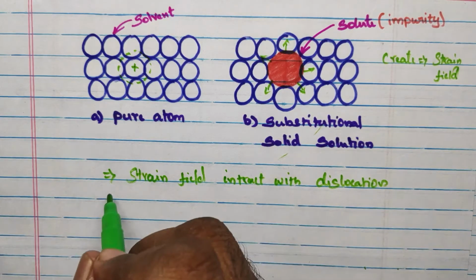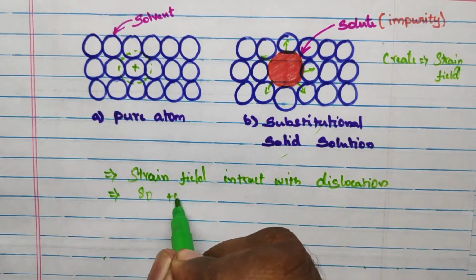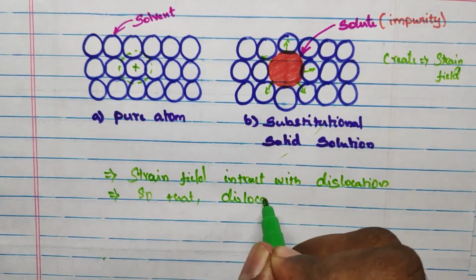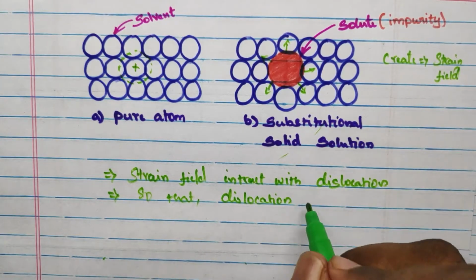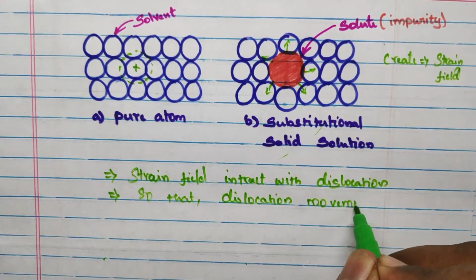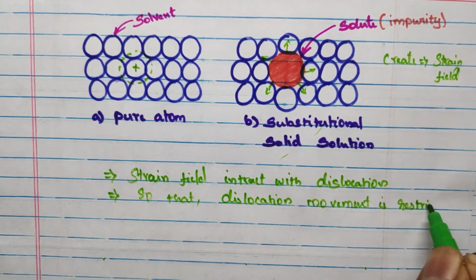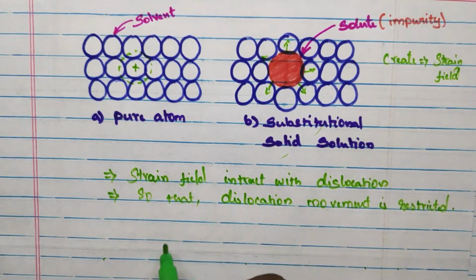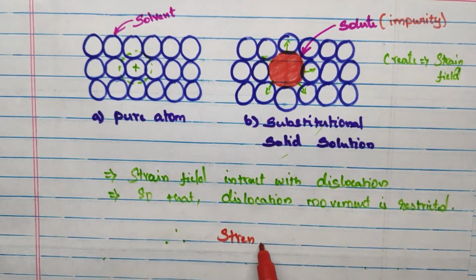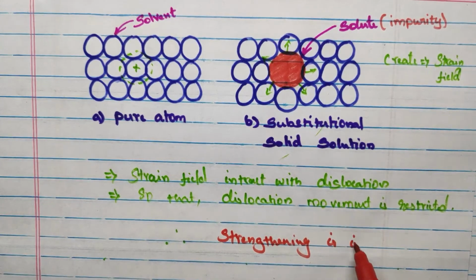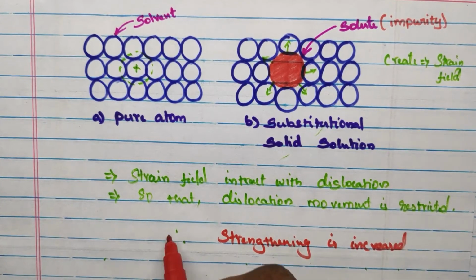So the dislocation movement is restricted, hence I can say strengthening is increased.